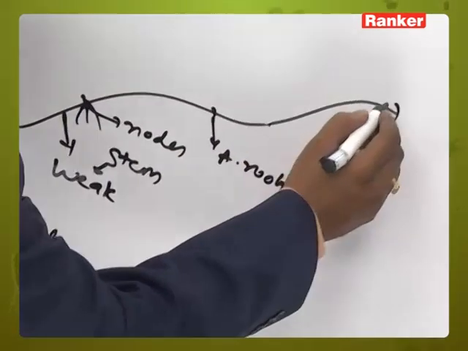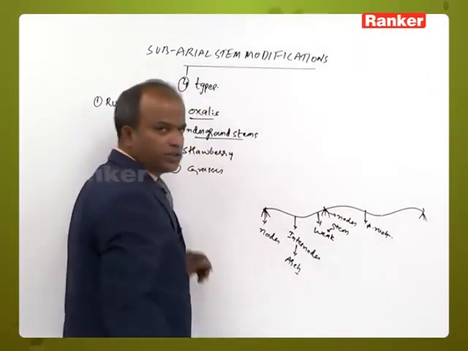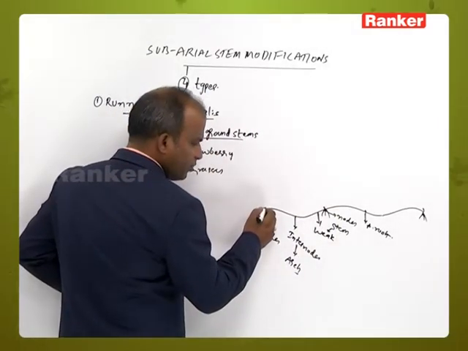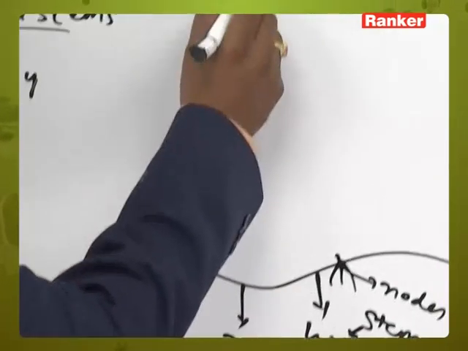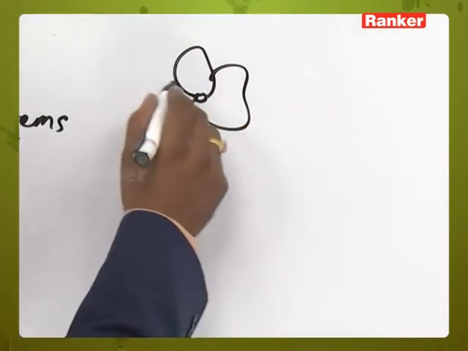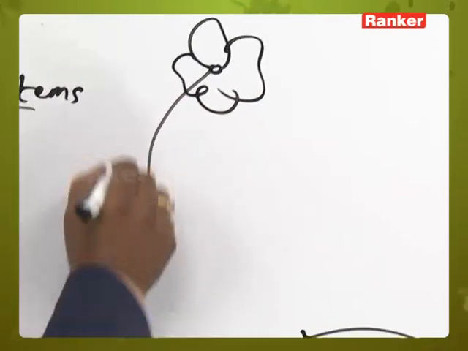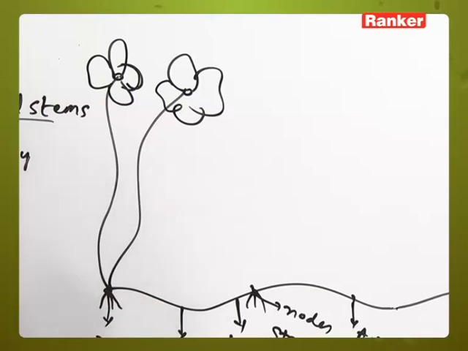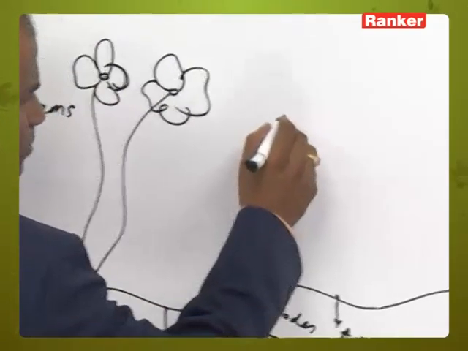From the upper portion of the node, it shows leaves, produced in the same type of arrangement.